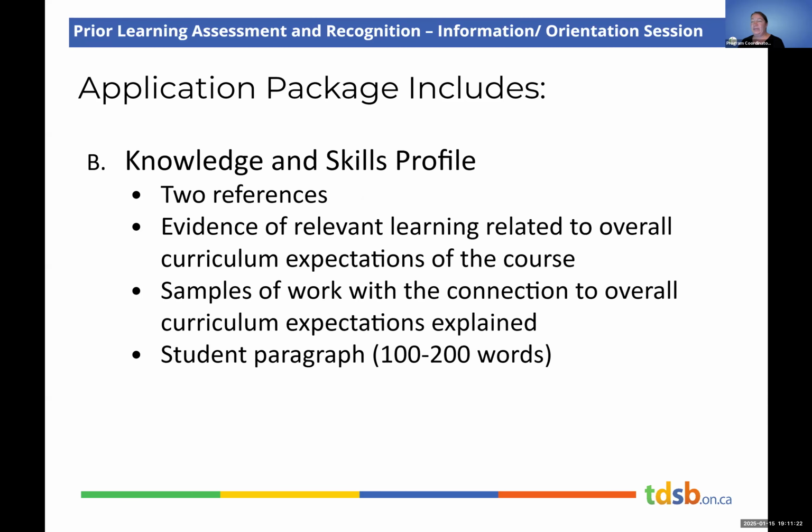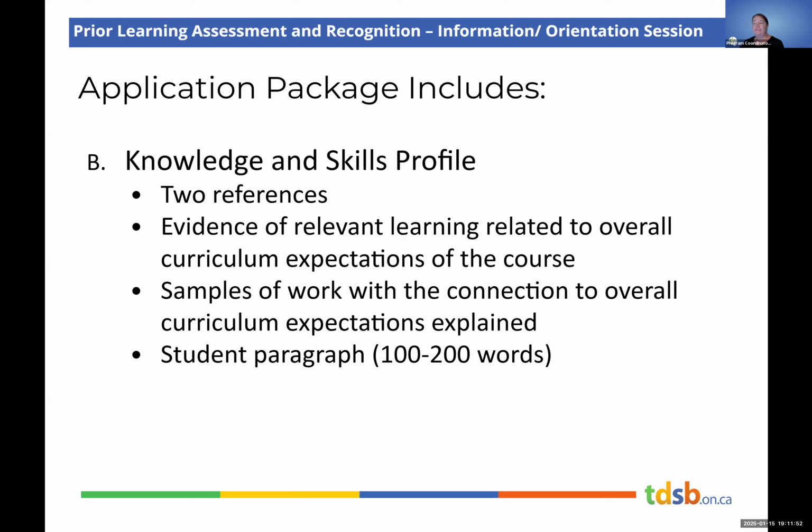The application package also includes a knowledge and skills profile part, which has many parts to it, including 2 references, evidence of relevant learning related to the overall curriculum expectations of the course. And this could include a portfolio of relevant work that demonstrates achievement of course curriculum expectations, proof of successful relevant experience, or independent learning.